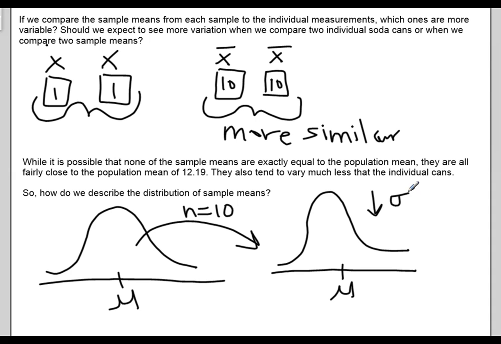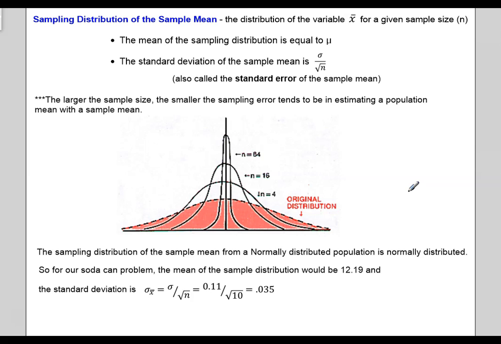So let's see the actual mathematical definition of how we're going to define the mean and the standard deviation. Okay, so for the sampling distribution of the sample mean, we are going to have a mean that's equal to mu, so that's the mean from the original population, and the standard deviation of this new distribution is going to be equal to sigma over the square root of n.